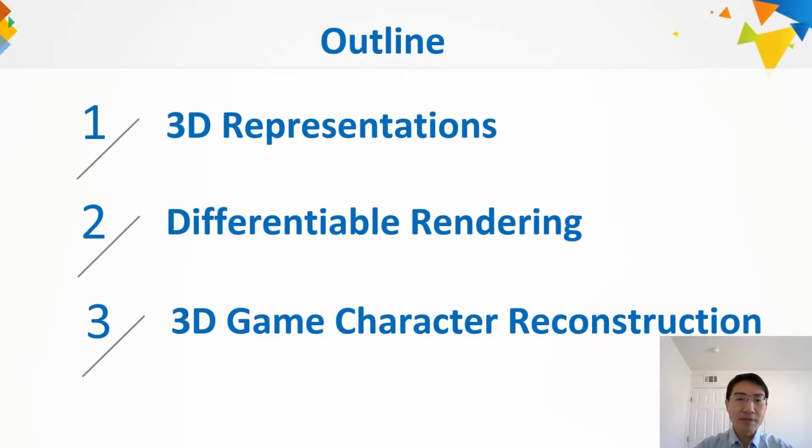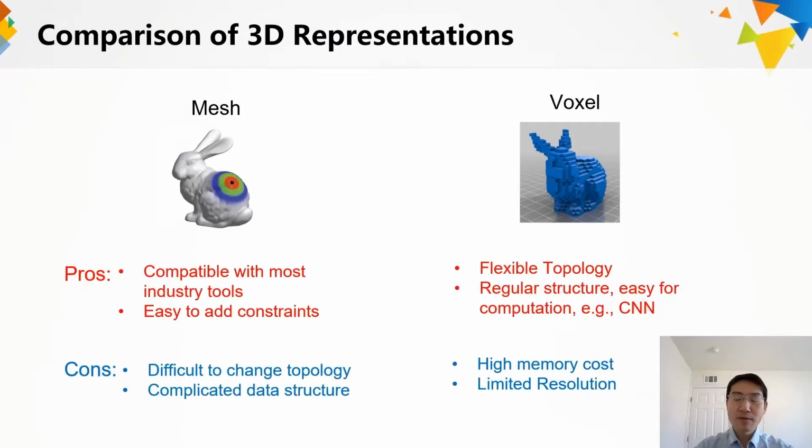Okay, let's see first, 3D representations. There are many ways to represent 3D objects, so I will talk about them one by one. First, mesh. This is the most commonly used way to represent a 3D object.